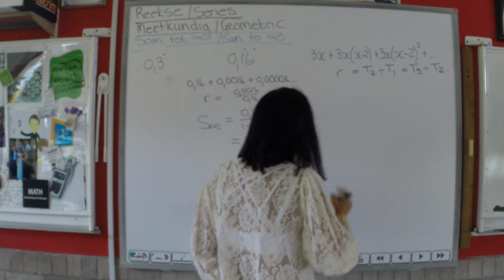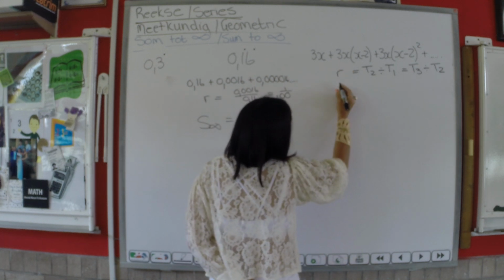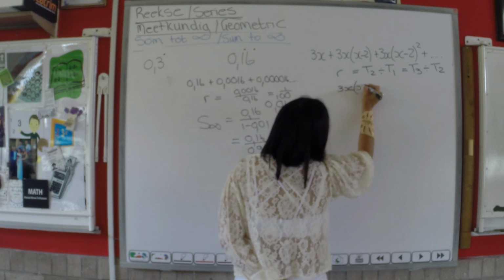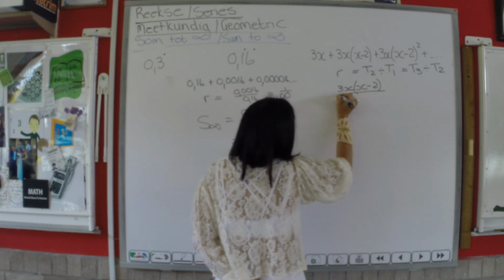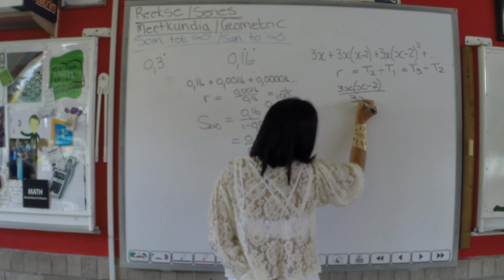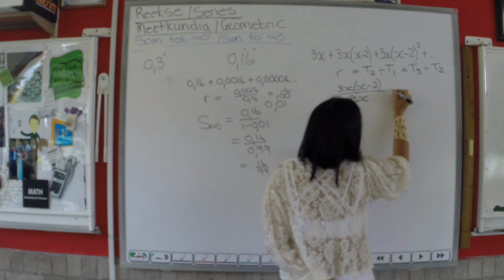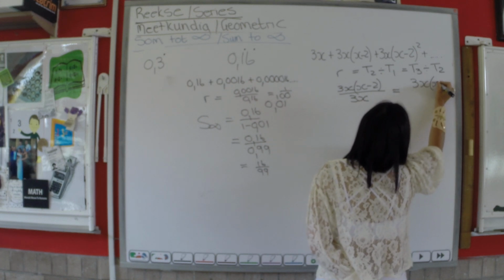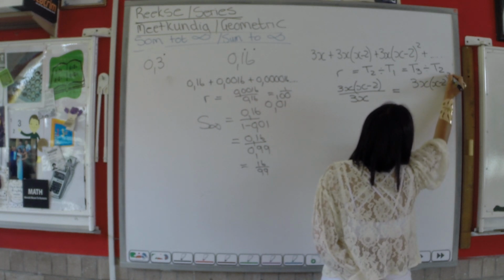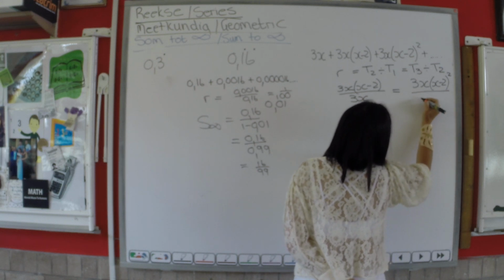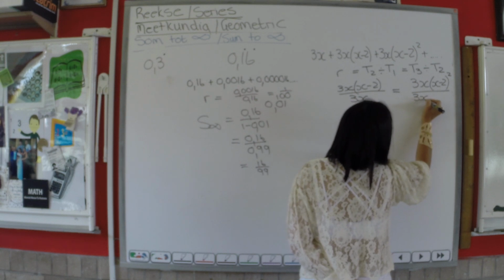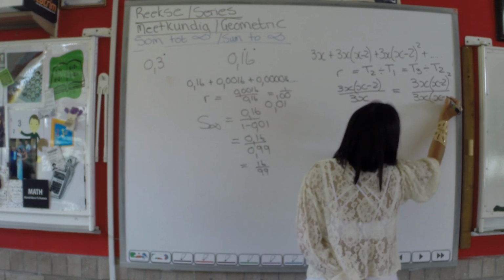Okay, let's substitute. Term 2 is 3x times x minus 2. We want to divide it by term 1. Okay, that's going to equal term 3, 3x, x minus 2, divided by 3x, x minus 2.